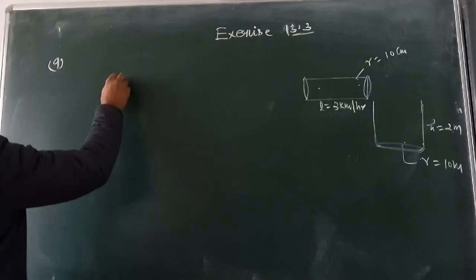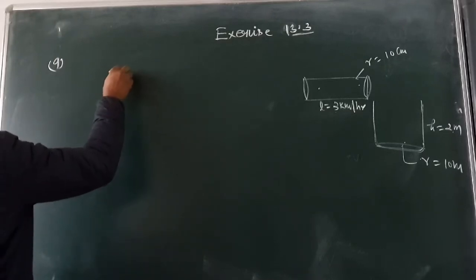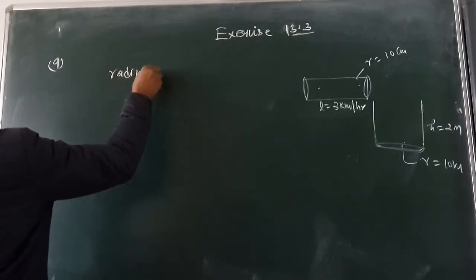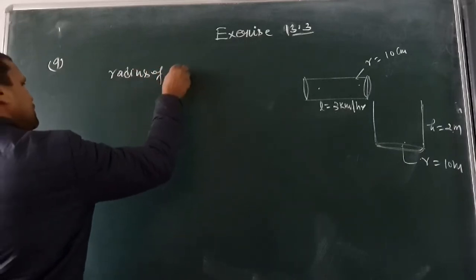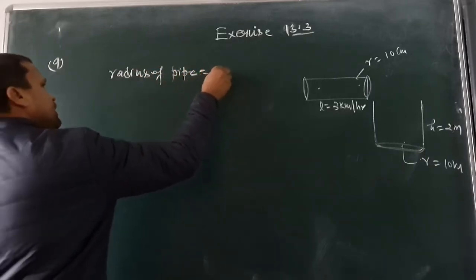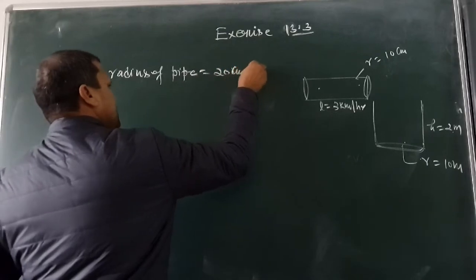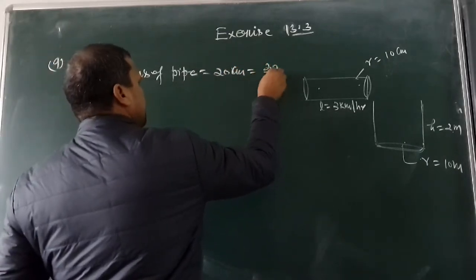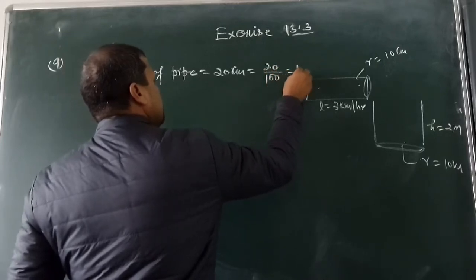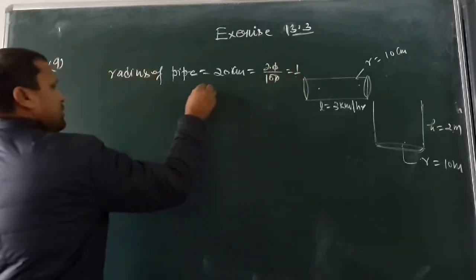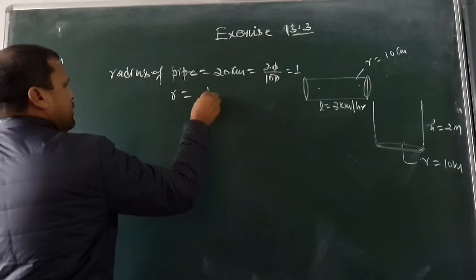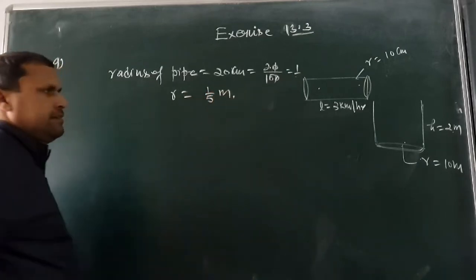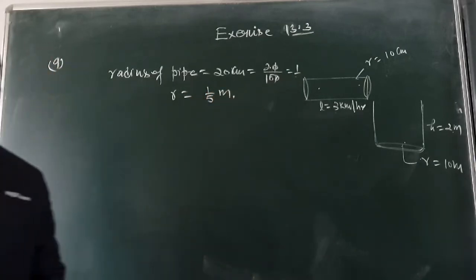So the radius of the pipe is 10 centimeter, 20 centimeter diameter. It can be changed into meters. So 10 by 100. So R equal to 1 by 10 meter. Okay?